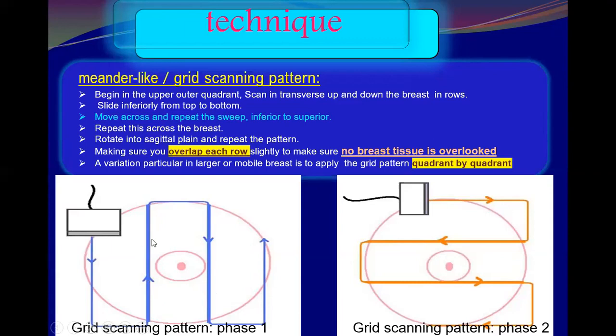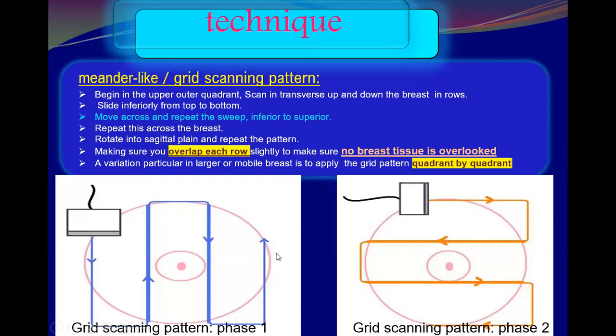When you complete up and down transversely, just rotate your probe, the transducer, perpendicular to the first and scan in the longitudinal direction. Go like this from right to left, also with overlapping.